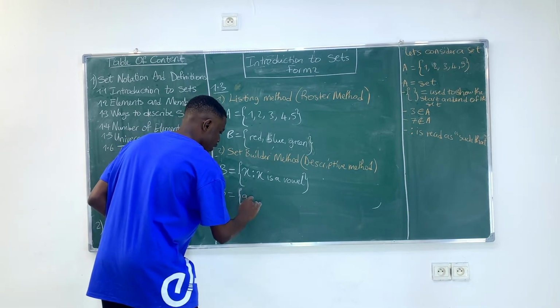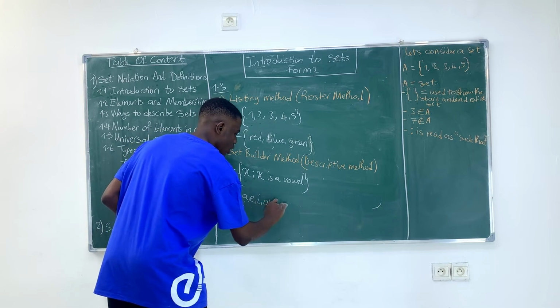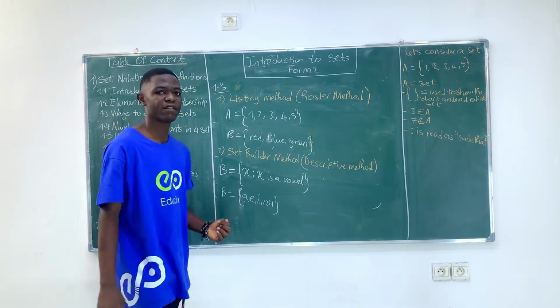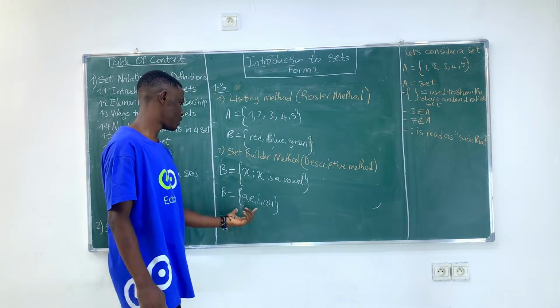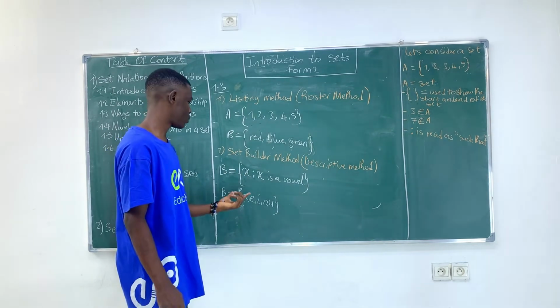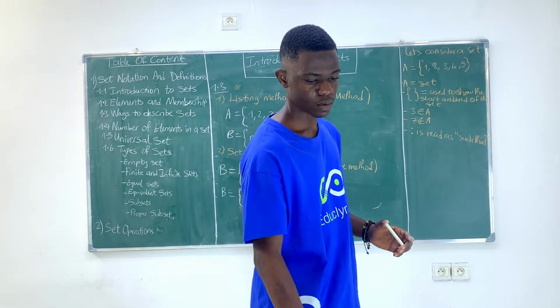You have A, E, I, O, and U. These are the 5 vowels. So you have listed this set, and you have changed from the set builder form to the listing method form. Let's do another last example.